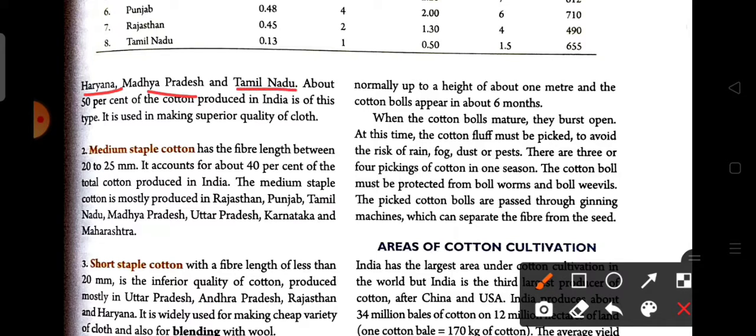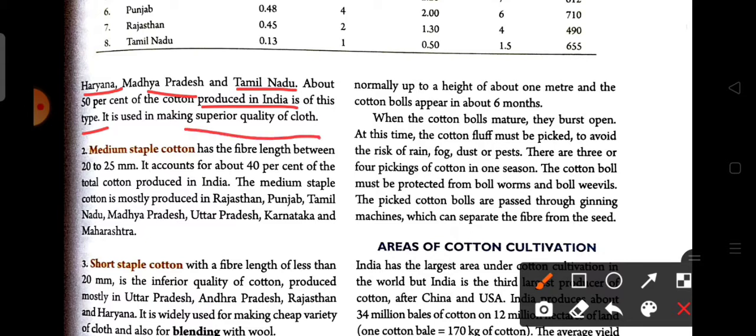So here we see that it is the finest and longest among all the staple cottons produced in India, and about 50% of the cotton produced in India is of this type. It is used in making superior quality clothes.